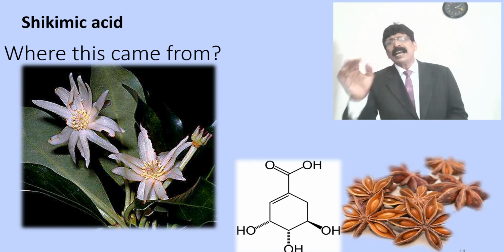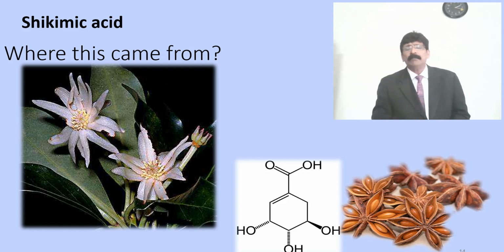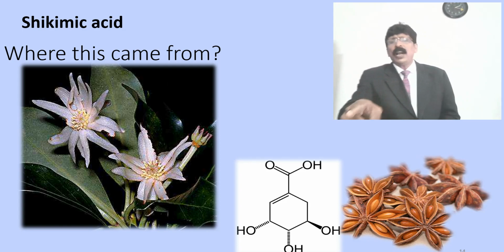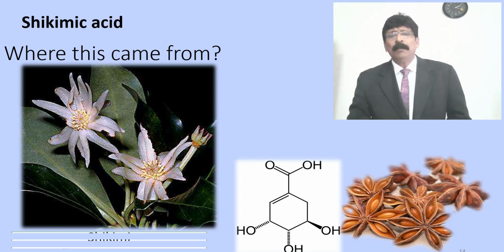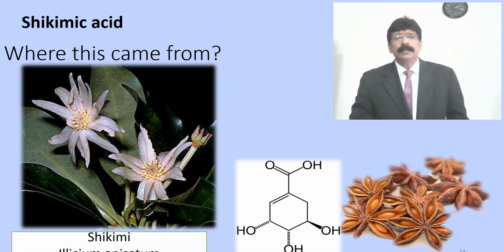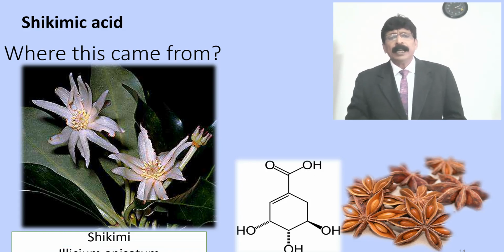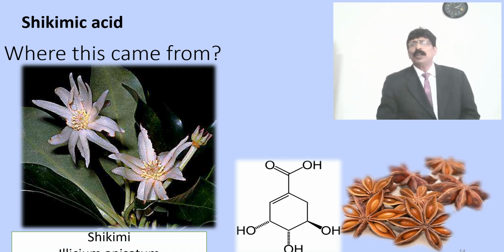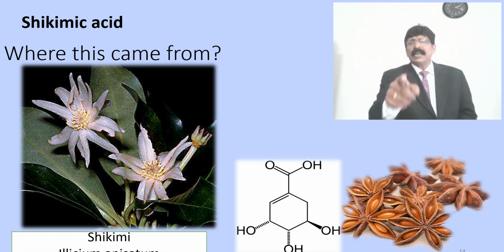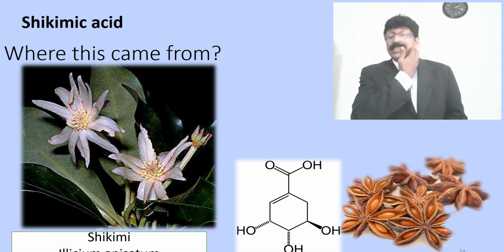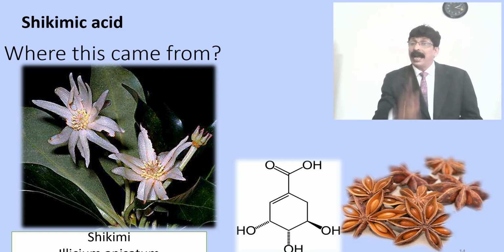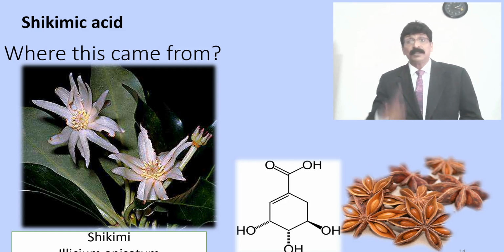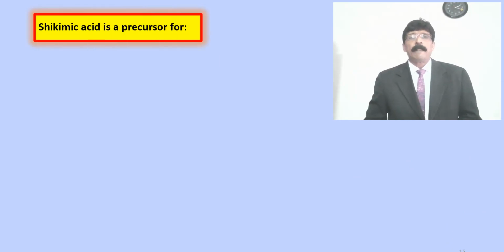Shikimic acid got its name from the volatile oil of Illicium anisatum, the anise plant, which is used as a flavoring agent and contains shikimic acid. The structure I have shown here has three OH groups and an acid group in a ring structure with one double bond inside the ring.